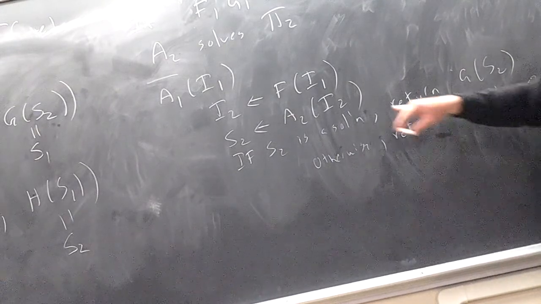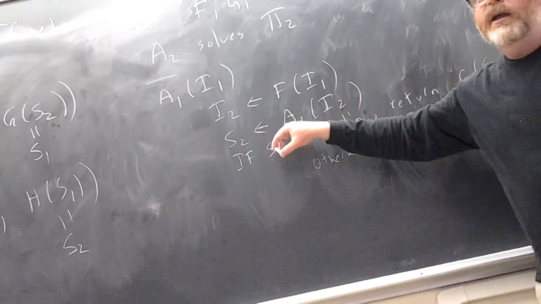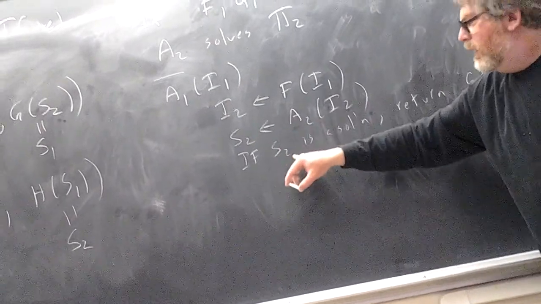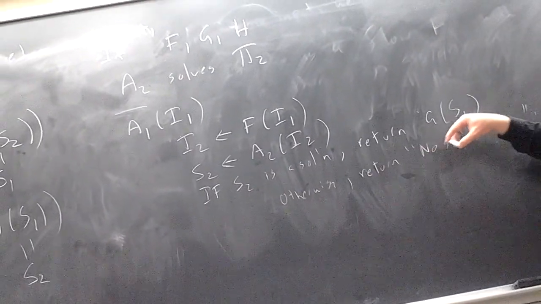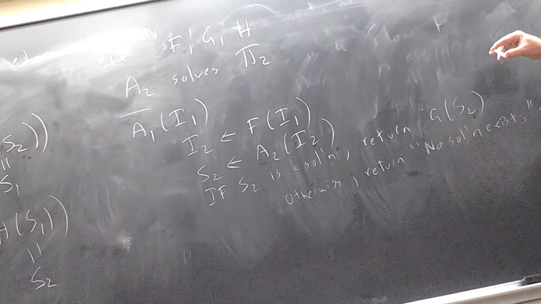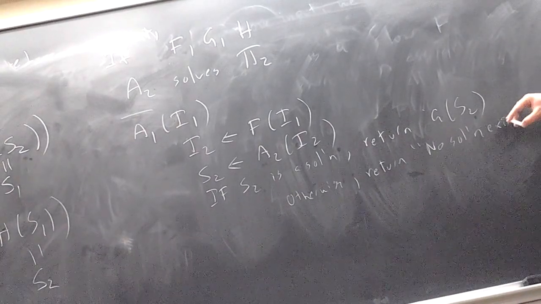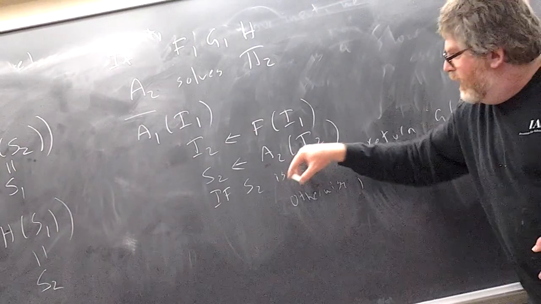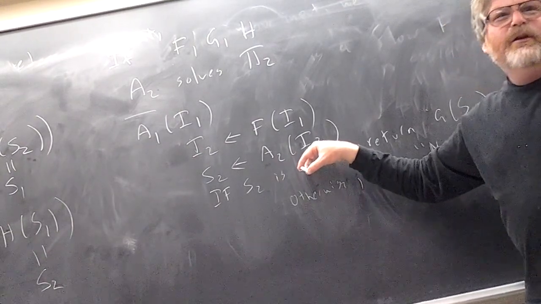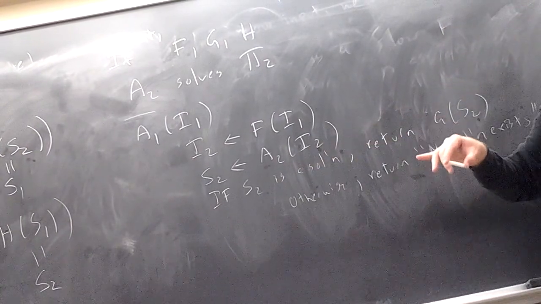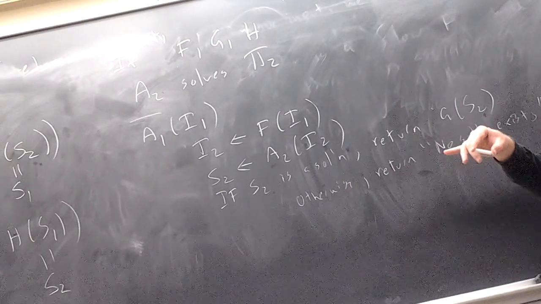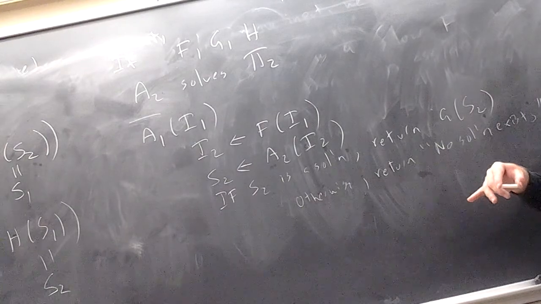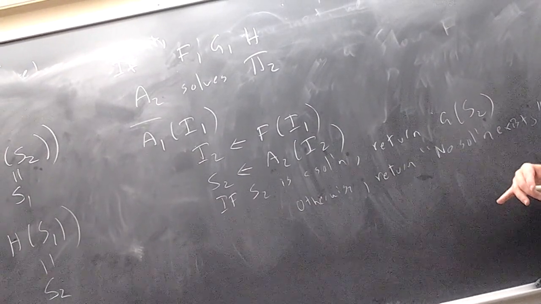So, if I2 is solvable, A2 by definition finds a solution, S2, and then this map G converts that to a solution for the original instance, and so that's what we want. But the guarantee is that if I2 is not solvable, then I1 can't be solvable either, because if I1 were solvable by some solution S1, H would have mapped it to a solution S2.